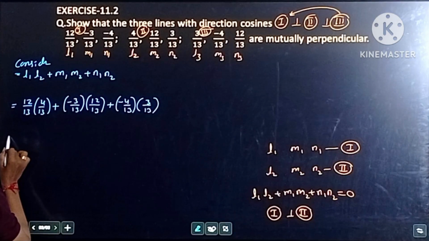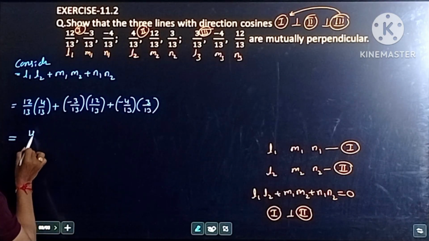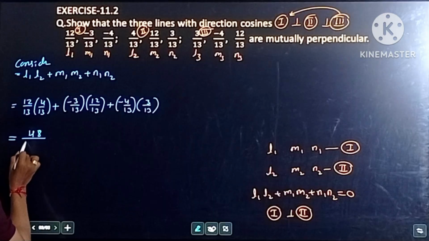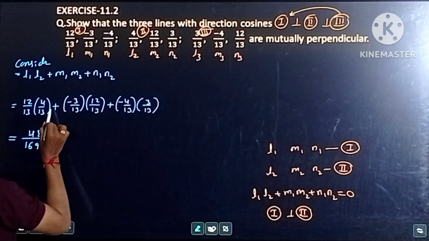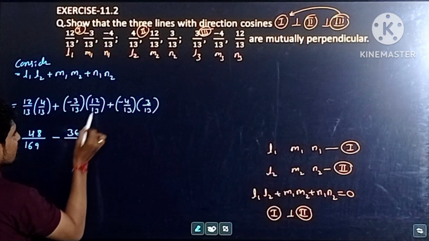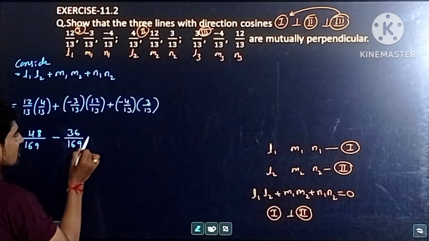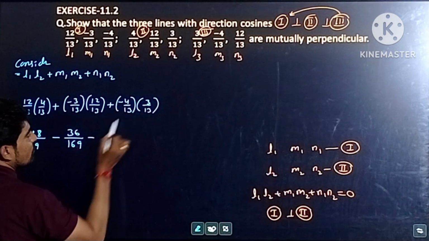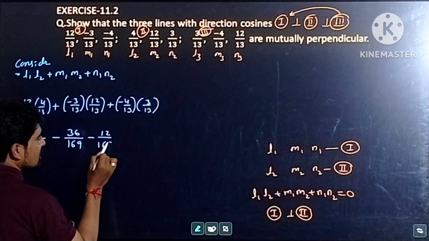Now this equals 12 into 4, 48 divided by 13 into 13, 169. Similarly, plus into minus, 3 into 12, 36 divided by 169. Plus into minus, 4 threes are 12 divided by 169.